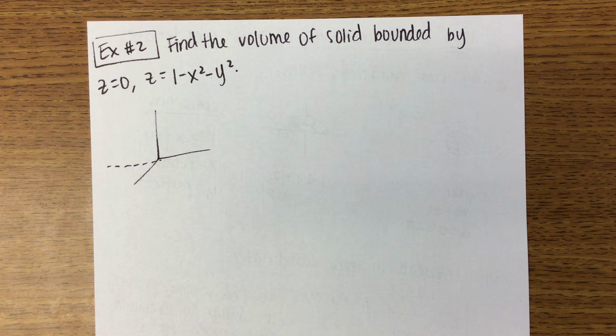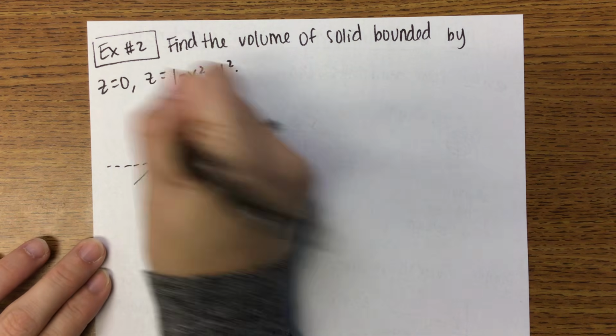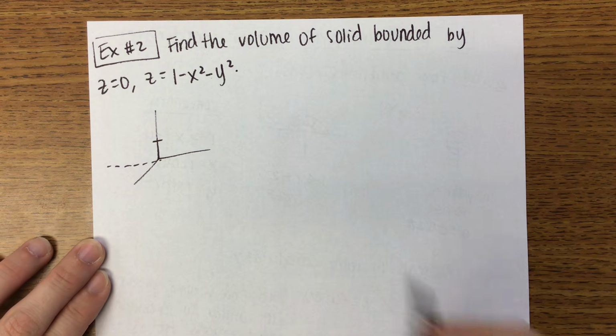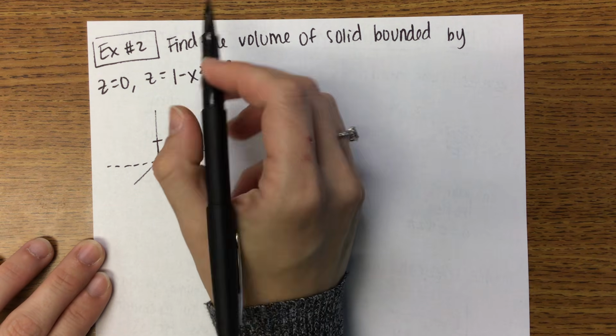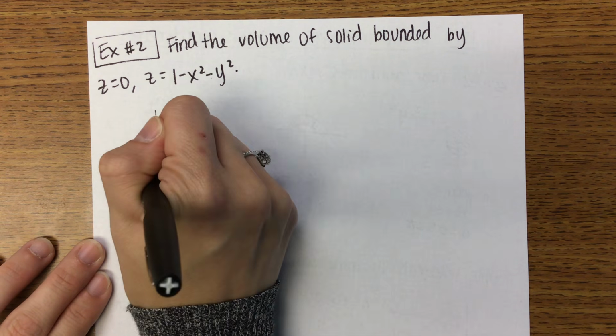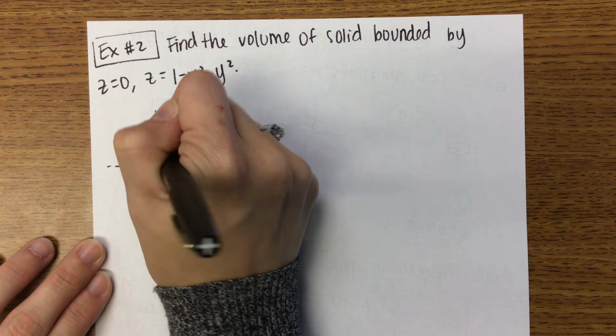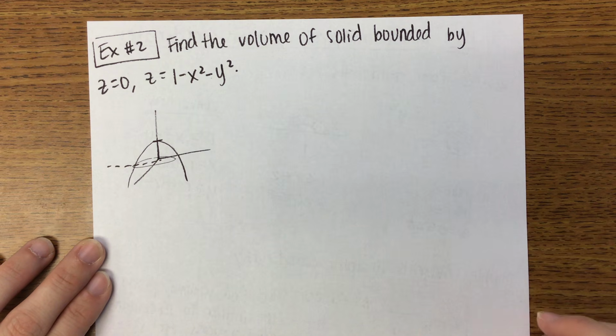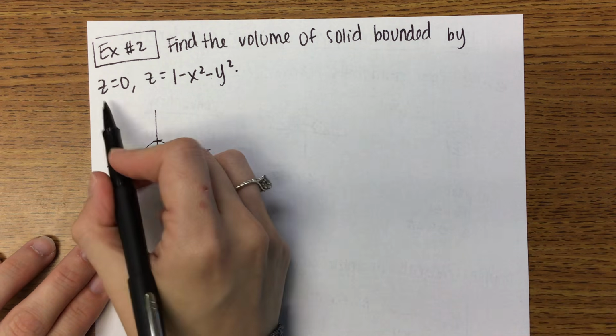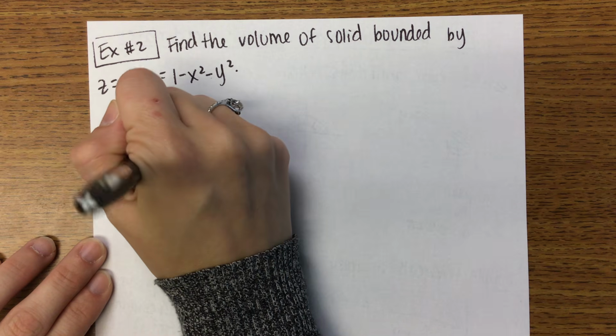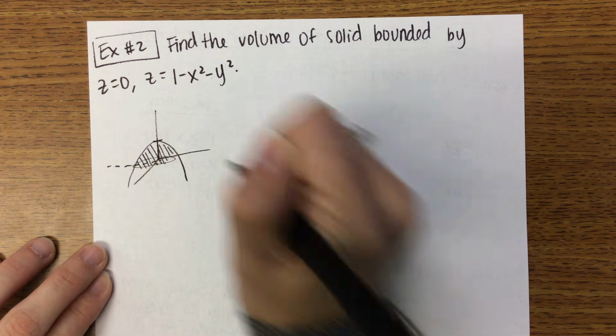It's a paraboloid. So z equals 1 is going to be the highest value. If you plug in z is 0, you get a circle here, and it goes down. Does that look vaguely familiar? We're being bounded by z equals 0, so we're only looking at the volume of this part.